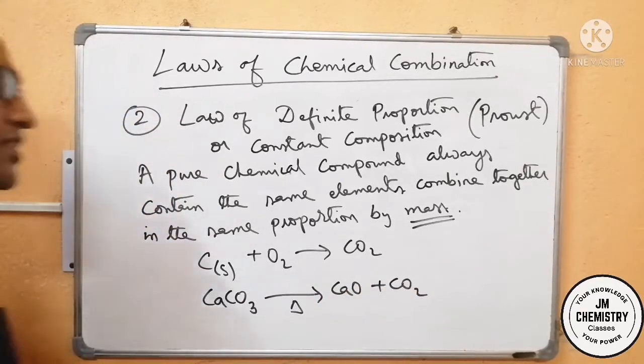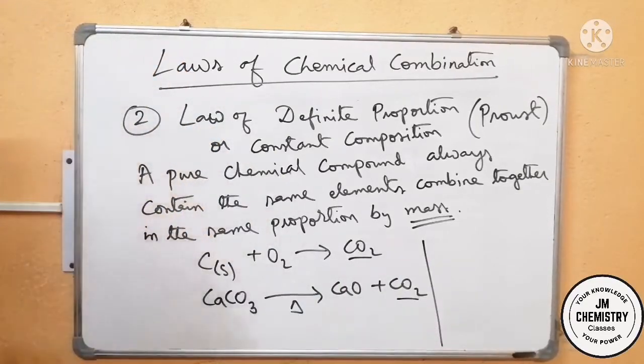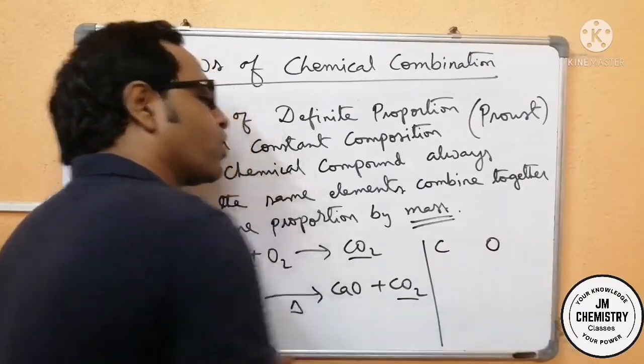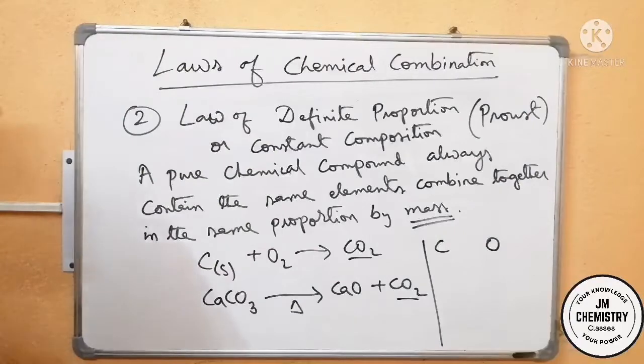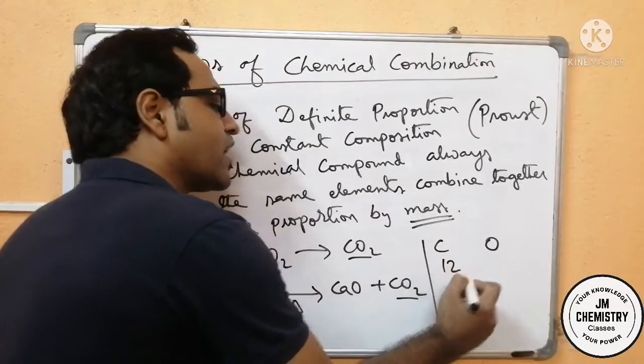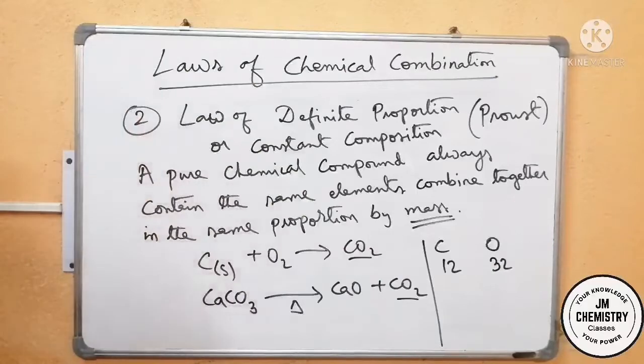Now in both cases you are getting carbon dioxide, and this carbon dioxide always contains the same two elements, carbon and oxygen, and that also they are combined together in the same proportion by mass, that is 12 gram of carbon combined with 32 gram of oxygen.